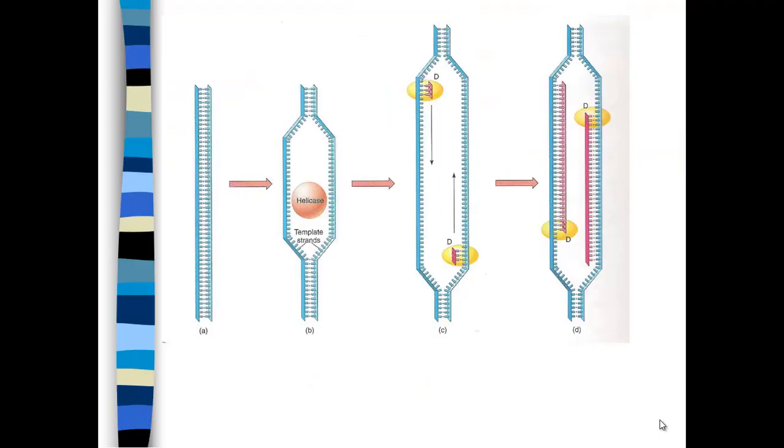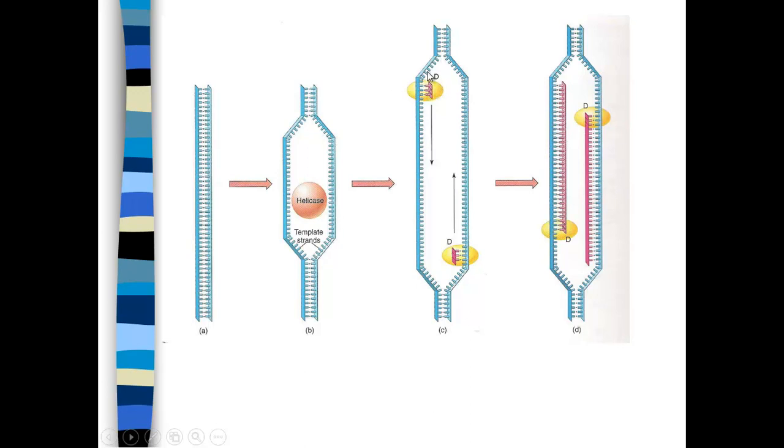When DNA replicates, we call it semi-conservative replication. The way that works is you've got a DNA molecule that unwinds and unzips through the action of an enzyme called helicase. That exposes the different strands, what we call the parent strands, in blue.